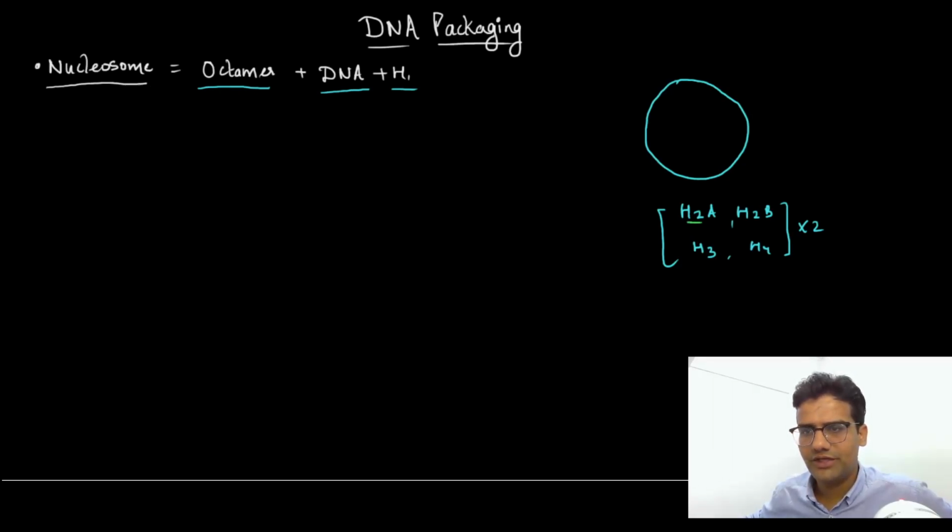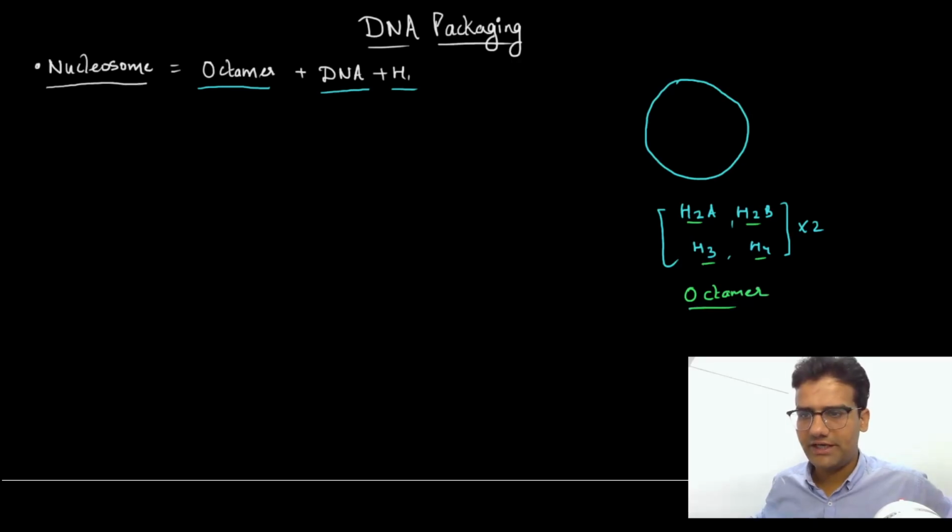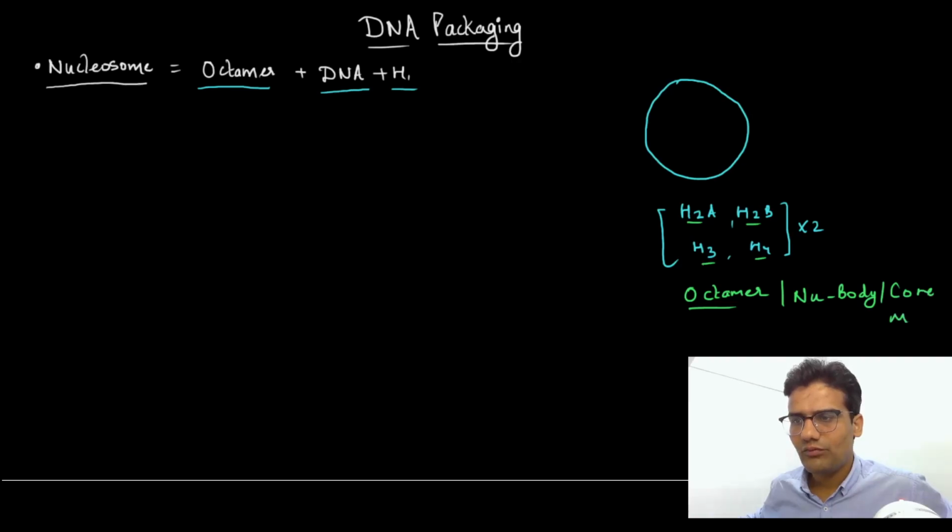So two units of this, two units of this, two units of this, two units of this form an octamer. Eight units, therefore it is an octamer. It is also called a nu body, or a core molecule. So this is the core molecule.